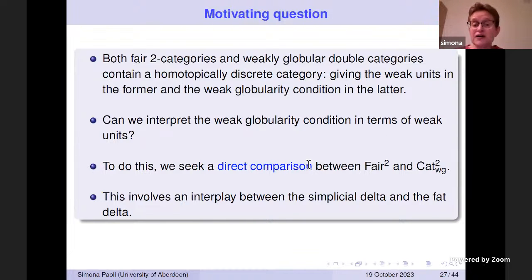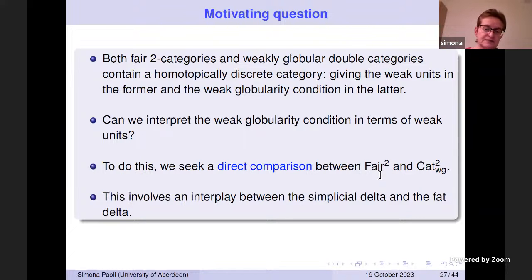And to understand this, you have to try a direct comparison between fair two categories and weakly globular double categories that does not use at all the fact that each of them is suitably equivalent to bicategories.